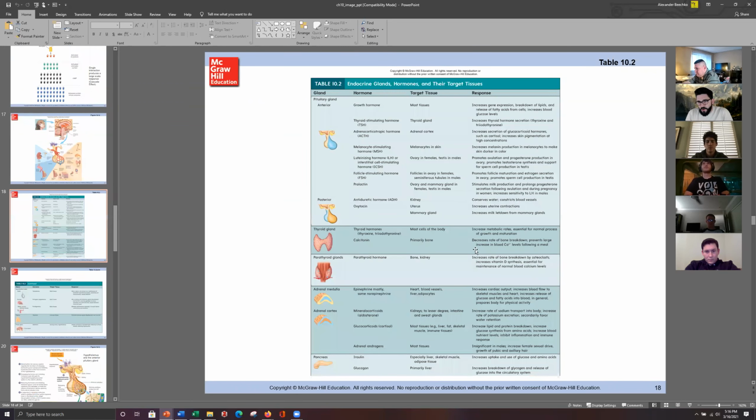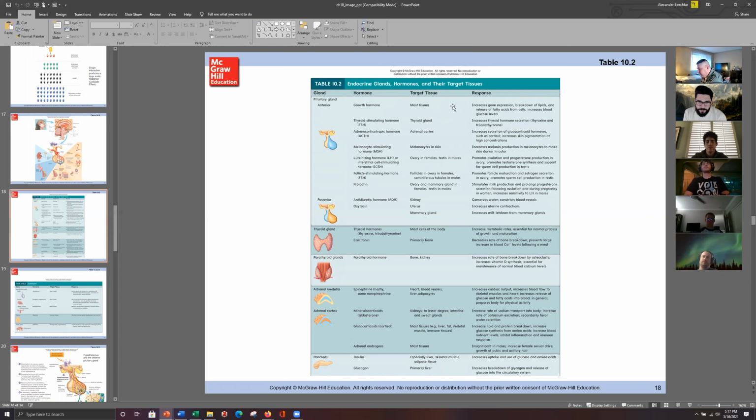So briefly, we'll go over some of the hormones from this table. We won't go over all of them, but table 10.2 in your text is a great guide for understanding a particular endocrine gland, which hormones are released by those particular glands, and then where the target tissues are and what the responses in the target tissues are.